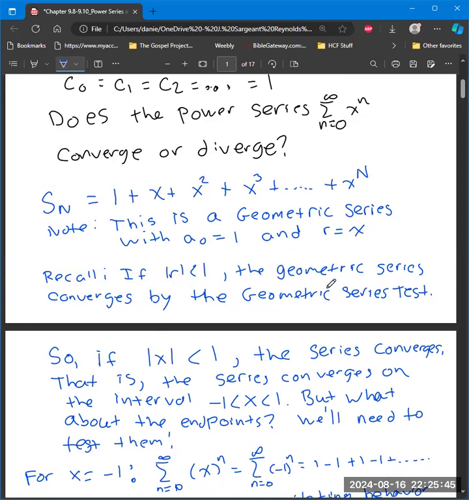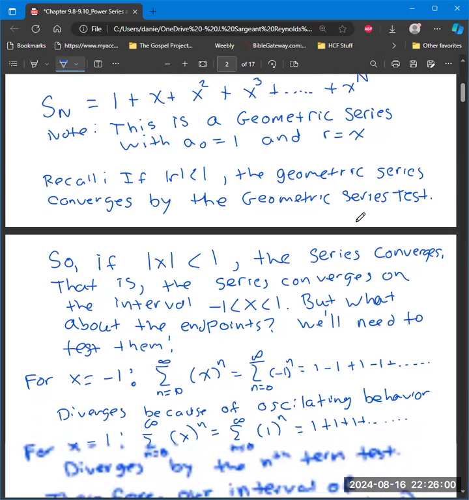This is the geometric series with a sub 0 equals 1. First term is 1, and the r, the common ratio that I'm multiplying by each time, is x. Recall, if the absolute value of r is less than 1, the geometric series converges by the geometric series test.